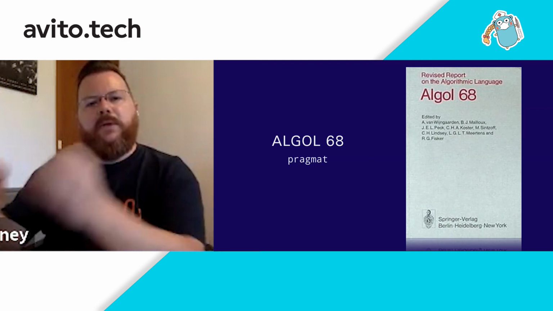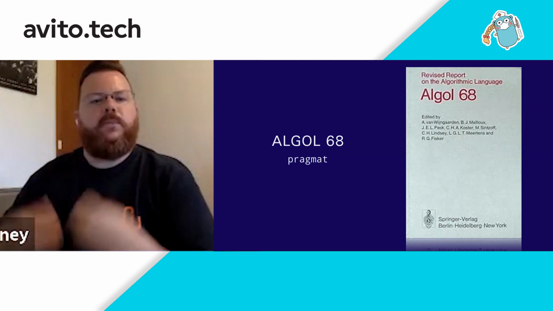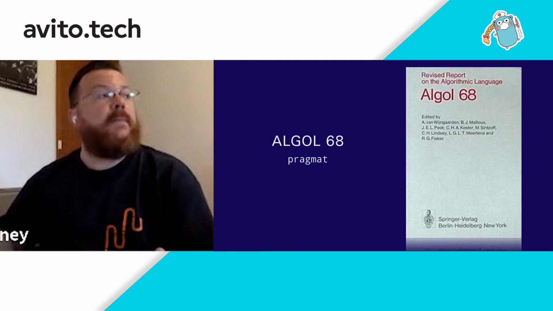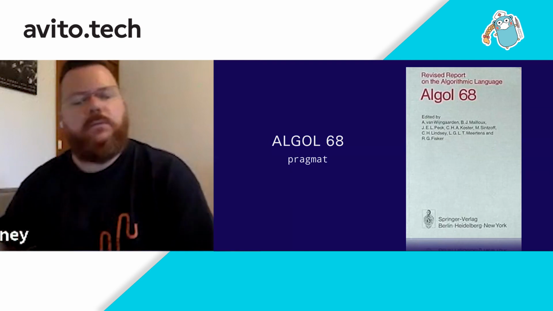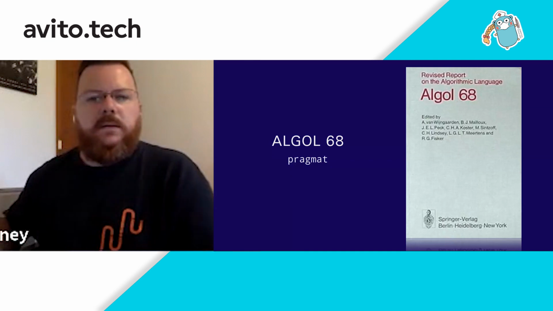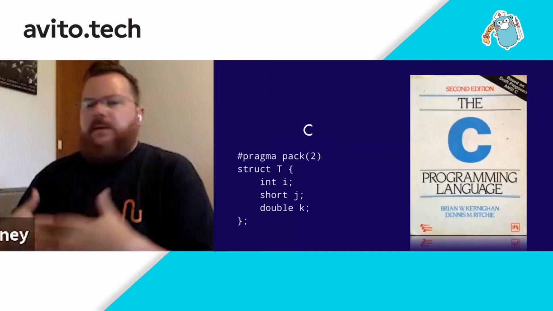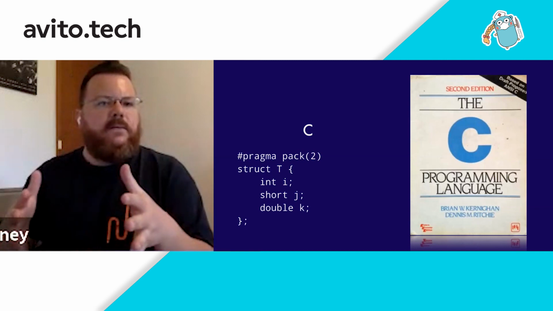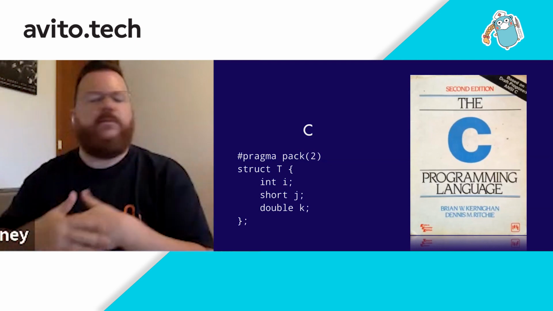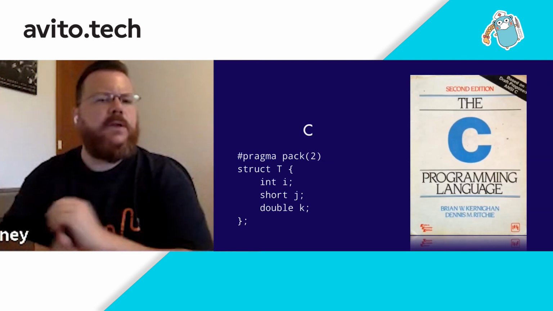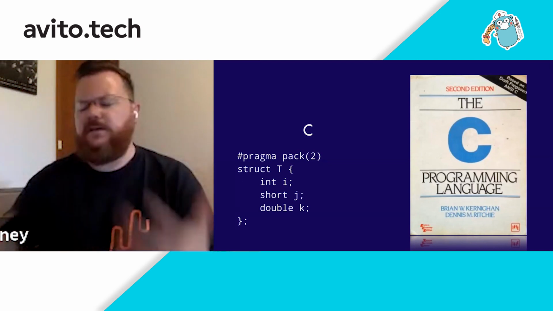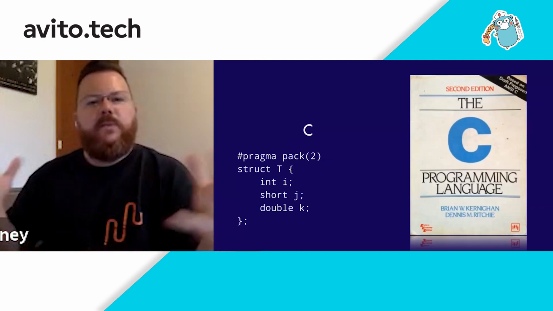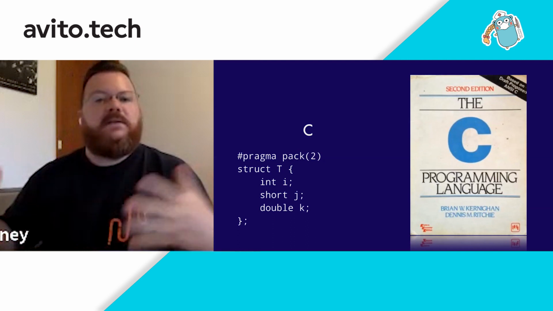They were called pragmats, which was short for the English word pragmatic, which to be very literal means, do this. When they were adopted by C in the 1970s, the name was shortened again to what we know as hash pragma. If you're a C or C++ programmer, you know the hash directives: hash include, hash define, hash pragma. And because of the widespread use of C, that's how we know them today.